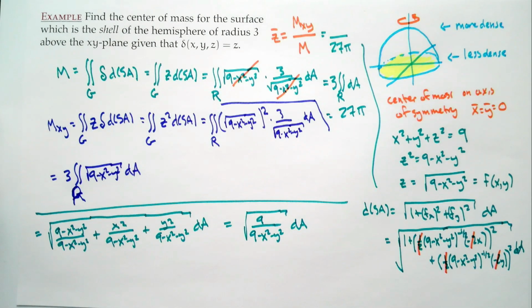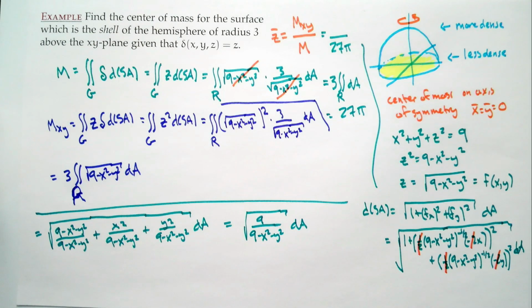Now, how can we integrate this? We could integrate in polar, or we can use our minds and say, we can do this without doing any integration at all. And you're probably like, what? I love that option. Okay, so how can we do this without doing any integration at all? The answer is, let's figure out what it means.